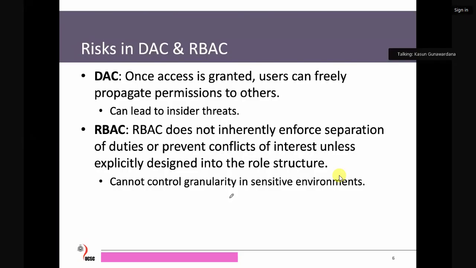So it's a risk. That's why we say we cannot control such conflict-of-interest roles through the role-based access control model in a typical implementation. There might be very specific cases where we can restrict such access, but typically that is not the case.